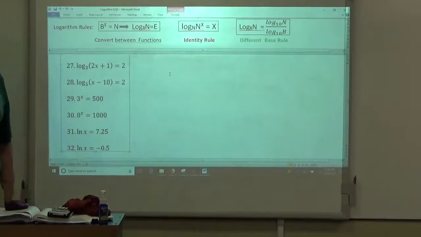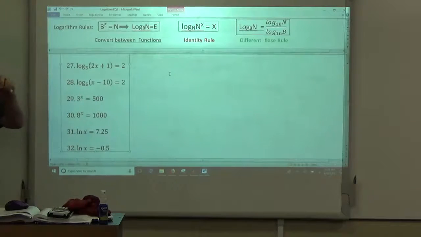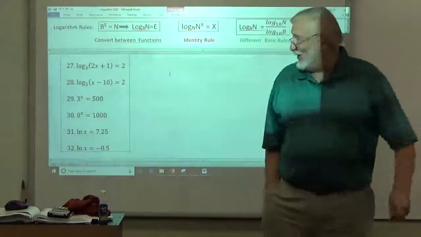All right, now. Okay, so 27. Now, is 27 going to be in blue? No. Why? Because this side doesn't have log 3 on it. Right? So therefore you have to do what? Math. You have to do math. There we go. Okay. So what sort of math are we going to do?